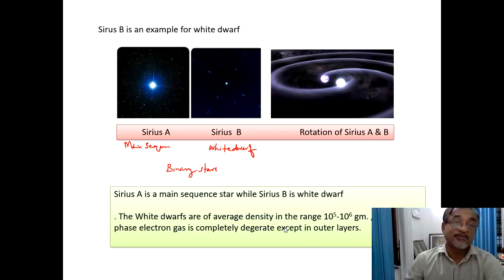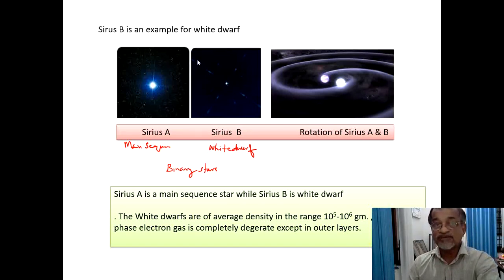And here I have given two separate pictures. First one is Sirius A, which lies in the main sequence. And the second one is Sirius B, which is a white dwarf. This is in the post-main sequence region.